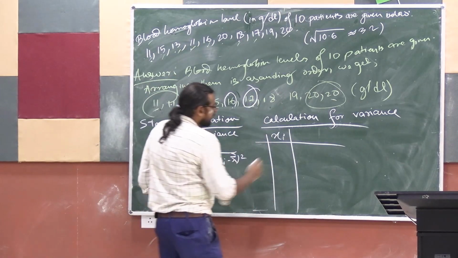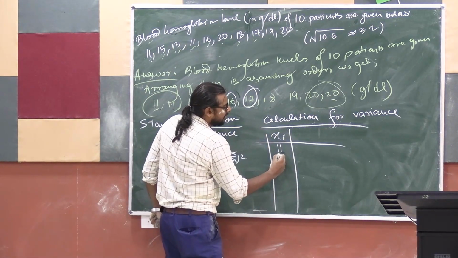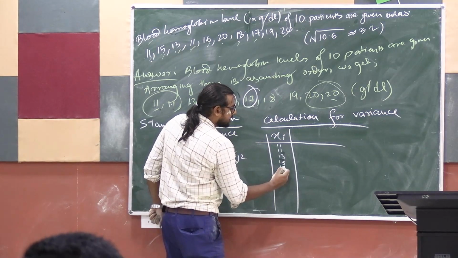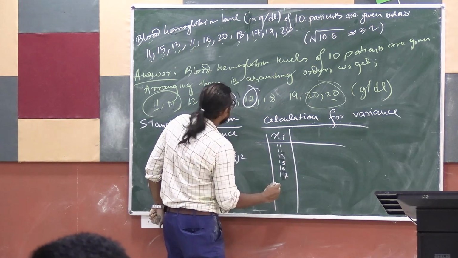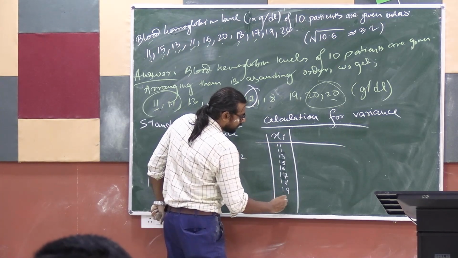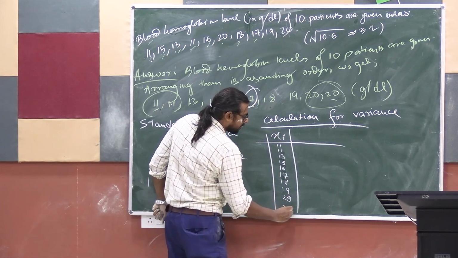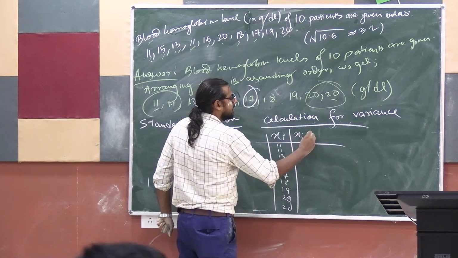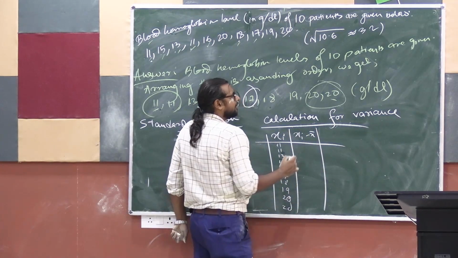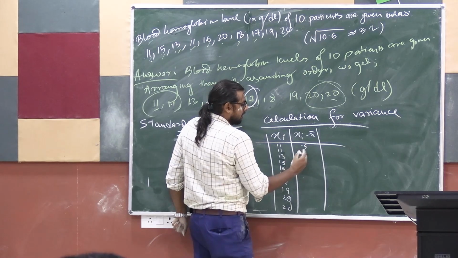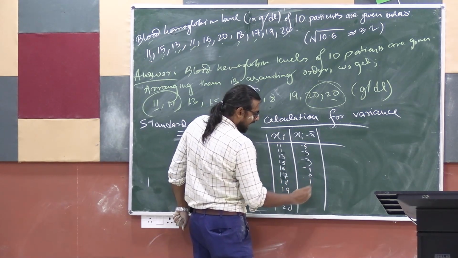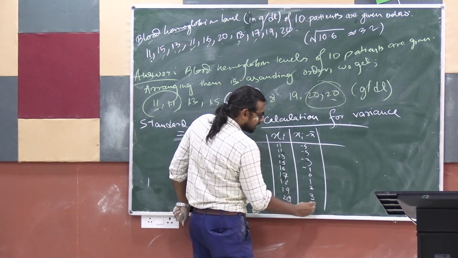Just write the values here, 11, 11, 13, 15, 16, 17, 18, 19, double 20. Write xi minus x bar here. What is this? 11 minus 16 is minus 5, minus 5, minus 3, minus 1, 0, 1, 2, 3, 4, 4.